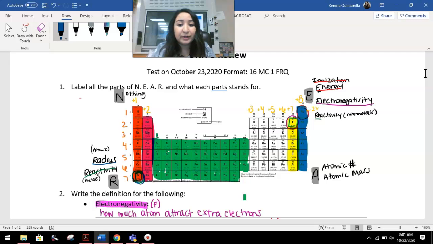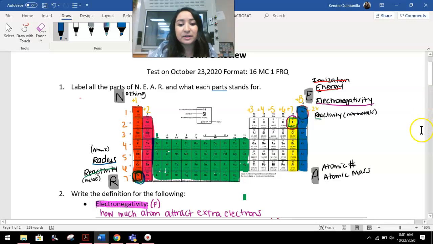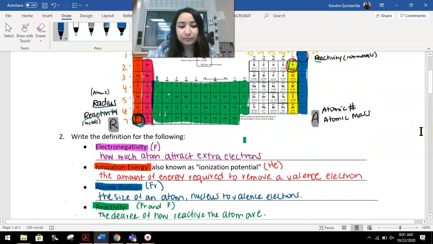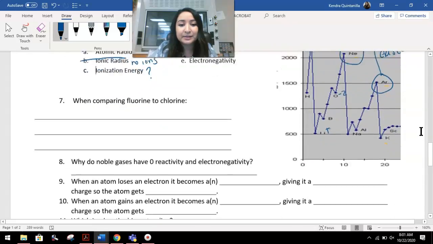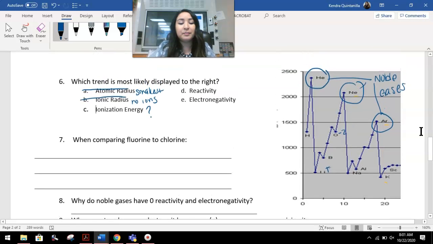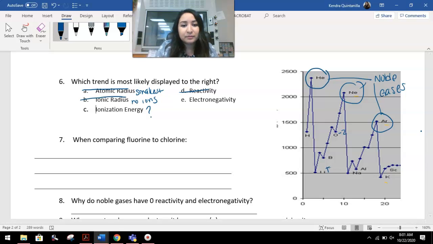So fluorine actually has the greatest reactivity. And if you remember, your noble gases have zero reactivity. Why do they have zero reactivity? Well, it's because they're happy the way they are. They have their full valence shell complete, so they're not going to attract or react with anything else. So this one's out because they're unreactive.